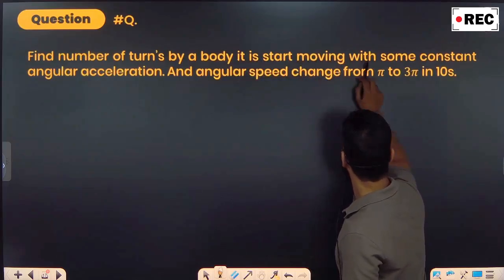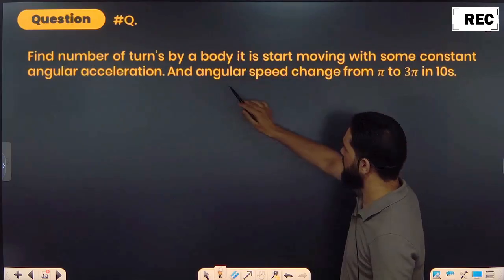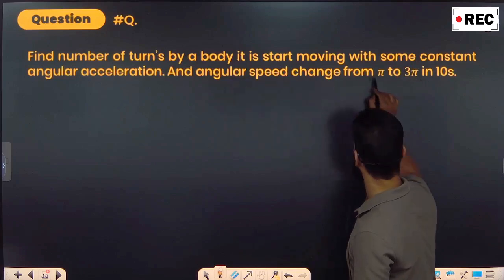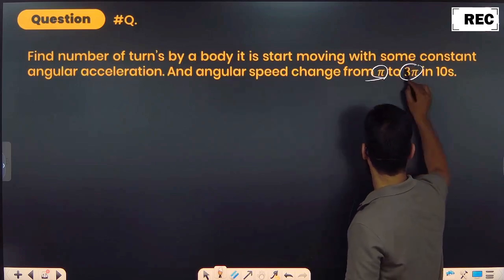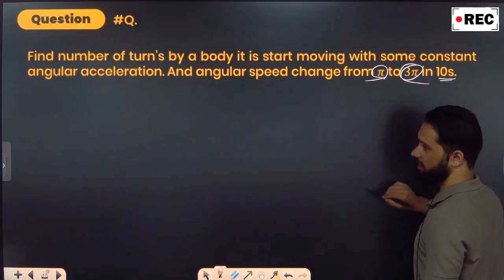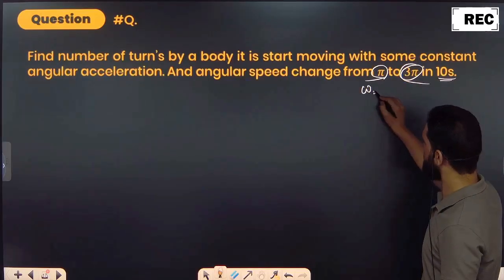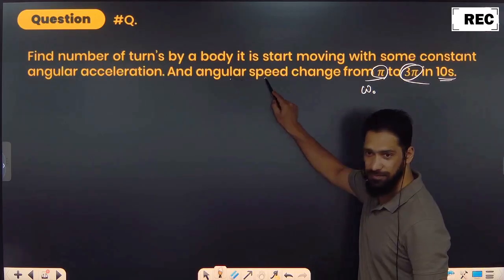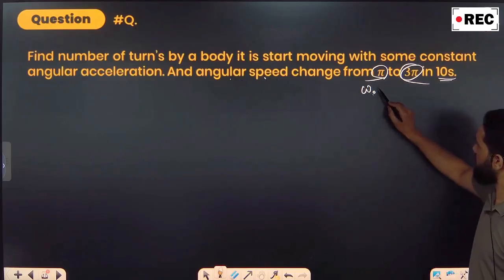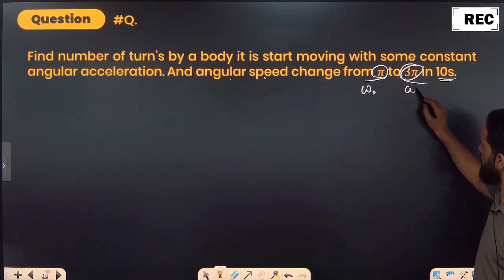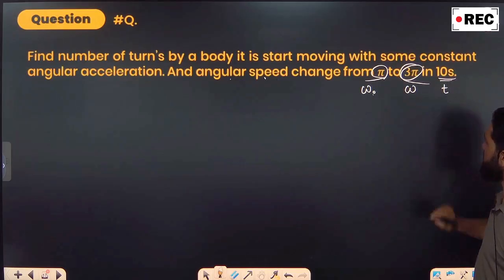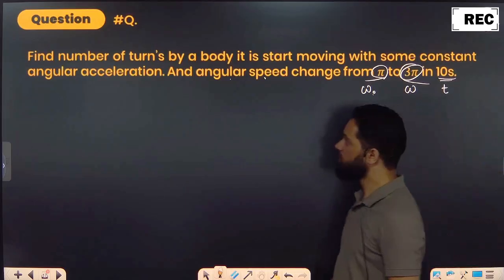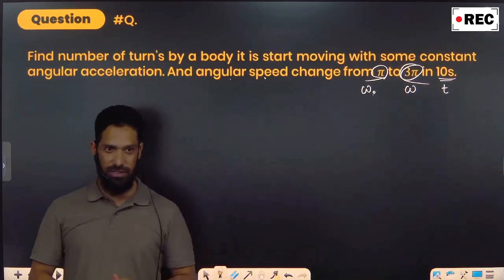It starts moving with some constant angular acceleration and angular speed changes from pi to 3 pi in 10 seconds. Pi means omega naught. It's saying angular speed, huh? It is omega naught. It changed from omega naught to omega. Time is 10 seconds. So you have to find out the number of turns. So I will say simple.